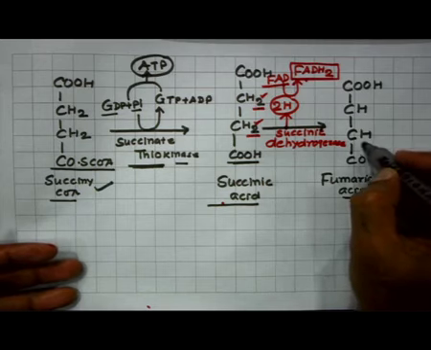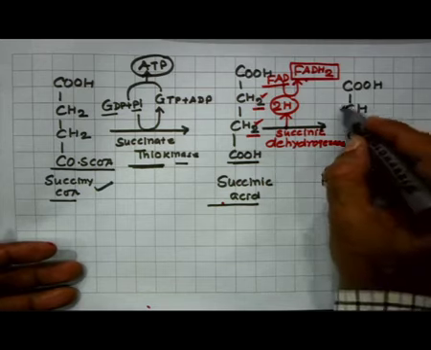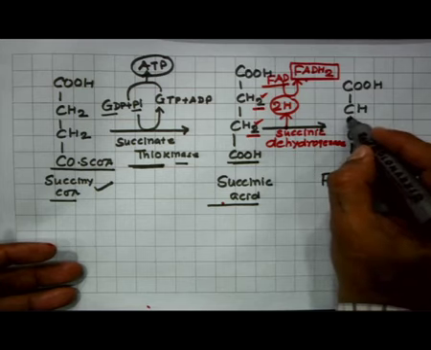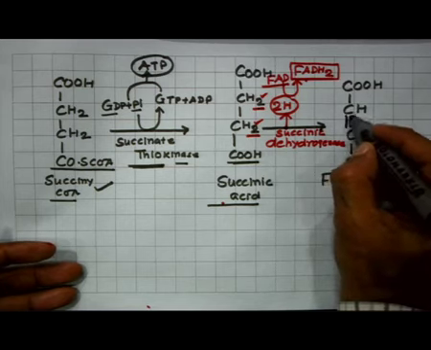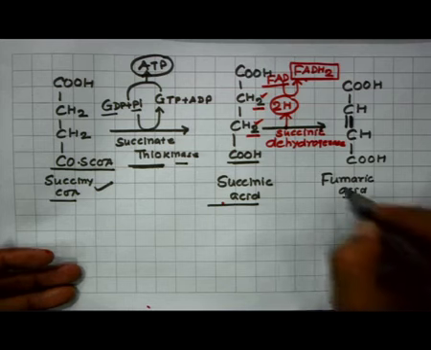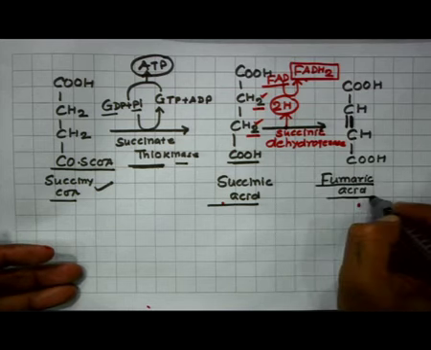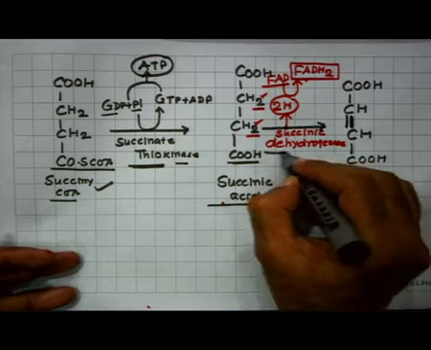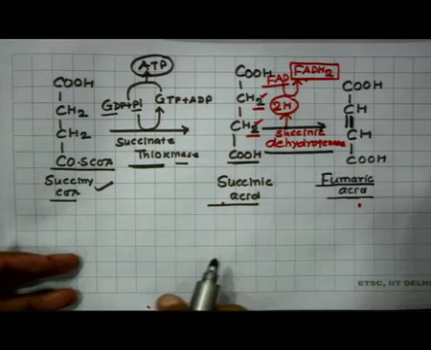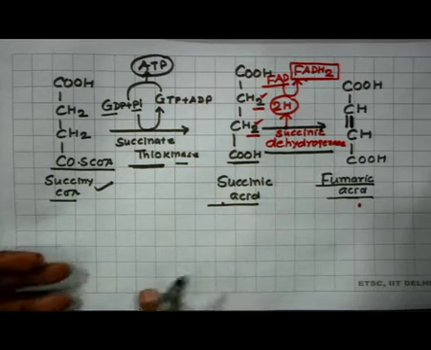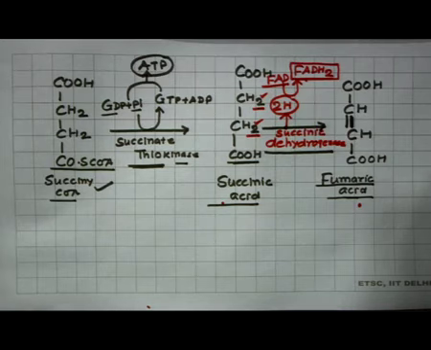Now, the structure is not complete because the carbon does not have full valency. So, here is a double bond between the carbon atoms. So, now it is the formation of fumaric acid, where the dehydrogenation process takes place. This one is the seventh step of the Krebs cycle, called dehydrogenation.